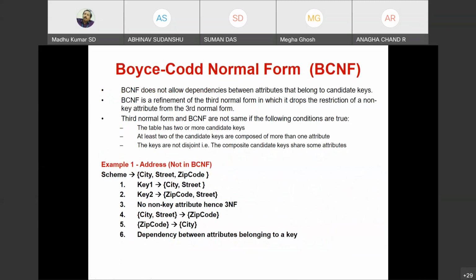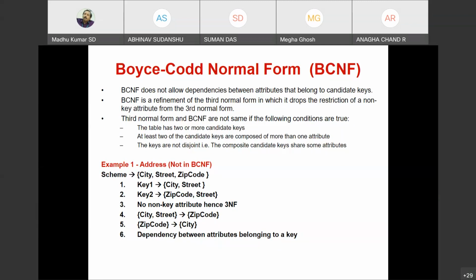Now BCNF is a normal form defined by Boyce and Codd, and it is defined independent of other normal forms. When you define 3NF, you say it should be in 2NF, and when you define 2NF, you say it should be in 1NF. Such a criterion is not there in the case of BCNF.